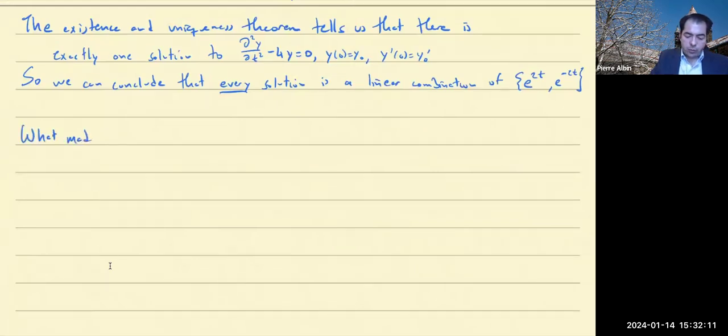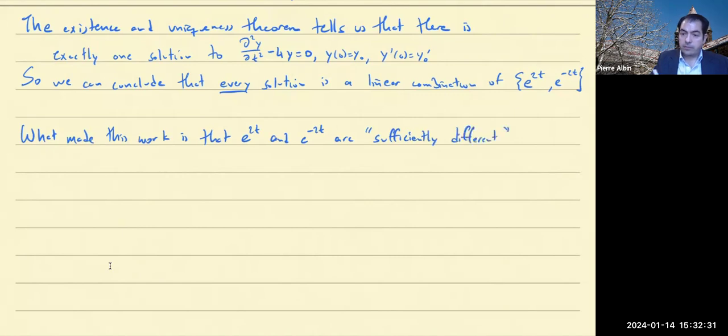Notice that what made this work is that e to the 2t and e to the minus 2t are sufficiently different solutions of our equation.